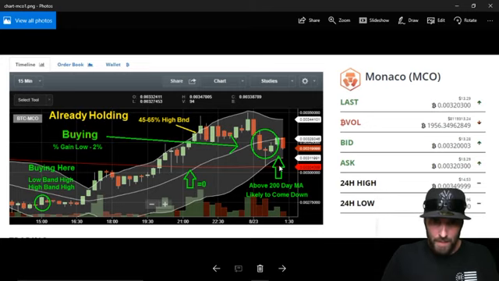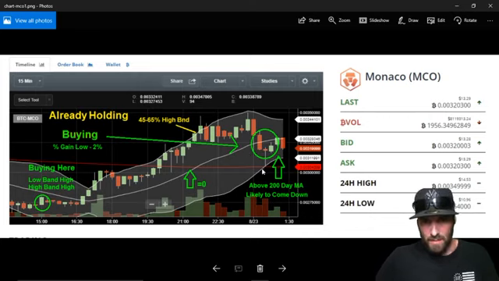You want to buy maybe when it dips down here. So you're going to set your high band high. All right, and then your low band high, because it dipped down.